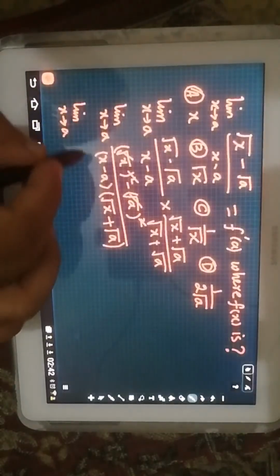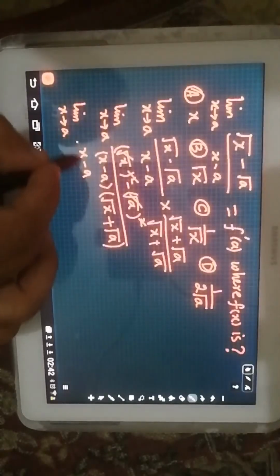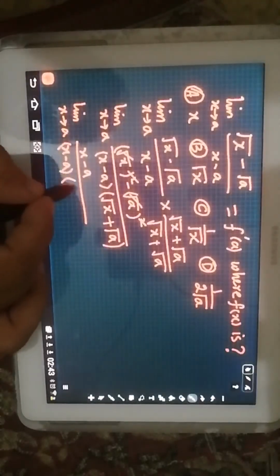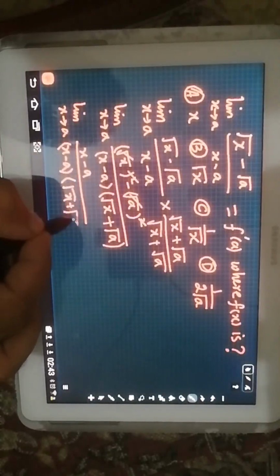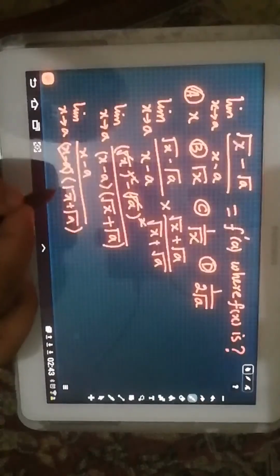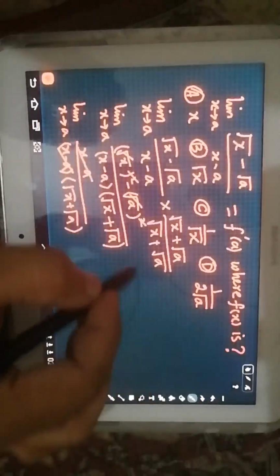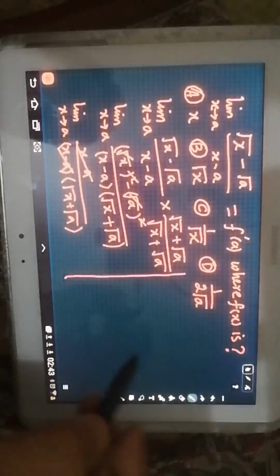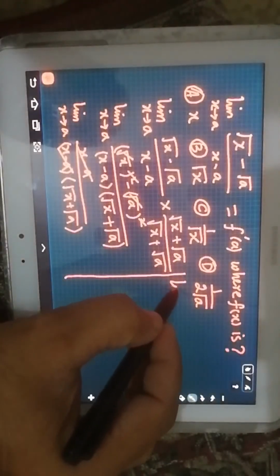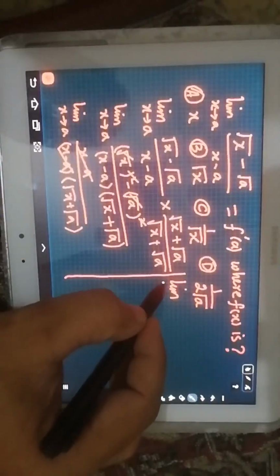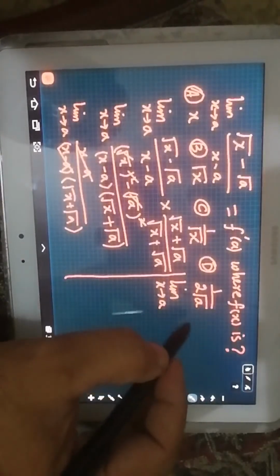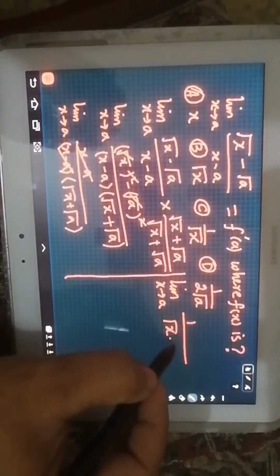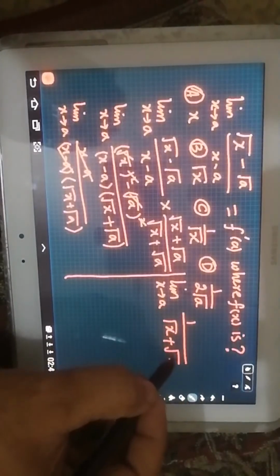As x approaches a, x minus a is in the numerator, x minus a is in the denominator as well, times square root x plus square root a, and this factor cancels this. And now what we have is the limit as x approaches a of 1 by square root x plus square root a.